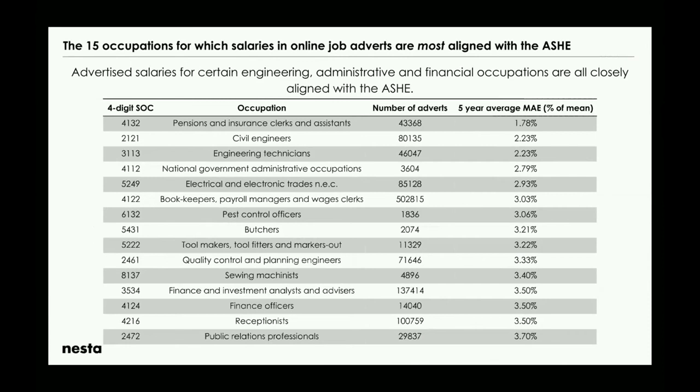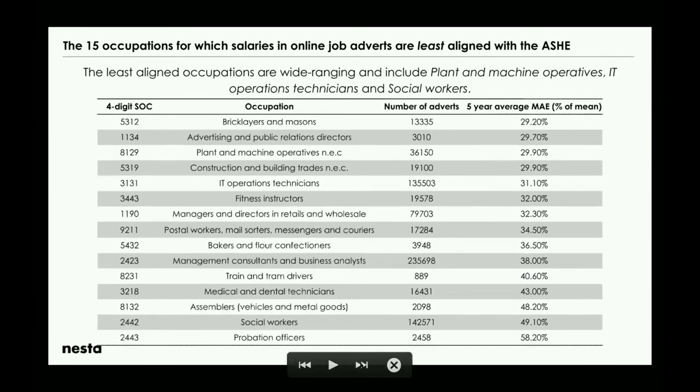You can see this spans a large set, and they include engineering, administrative, and financial occupations. And it's similar for the occupations which are the least aligned. Again, they're wide ranging and include social workers or postal workers, plant and machine operatives.